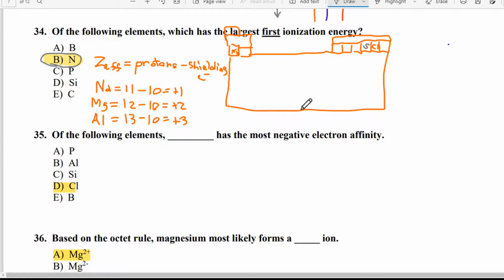So it becomes more negative as you go across, and more negative as you go up. As you go to the right towards chlorine, and then as you go up, yeah. Although it is an odd fact about electron affinity that fluorine actually has a lower electron affinity than chlorine for some reason. But don't worry about that, because you're not going to be expected to know the exceptions.